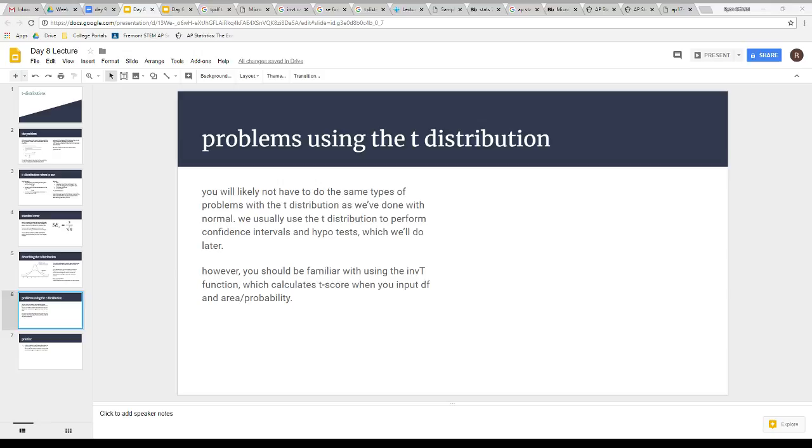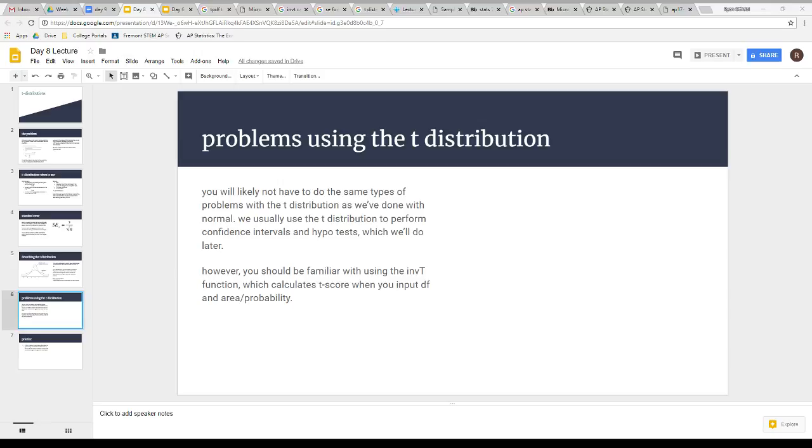So I'll put in 0.6. Let me double check this, because I'm not sure what the order is. Because I do it on my calculator, and okay, it is area, and then comma, your degrees of freedom. So let's say we had a sample that was n equals 35. What is the df for that? 34.